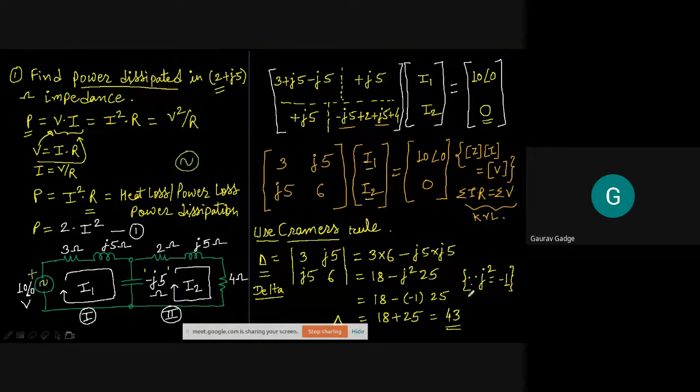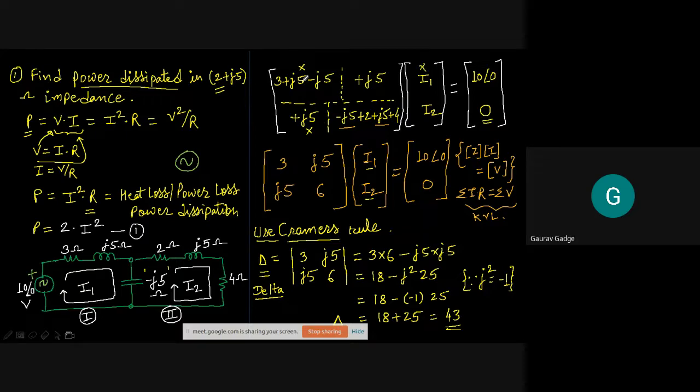So now this is your delta. Now what you have to do? You have to find I1. So if you want to find I1, you have to replace this term, because this 3 belongs to I1. Here I have written cross, it belongs to I1.